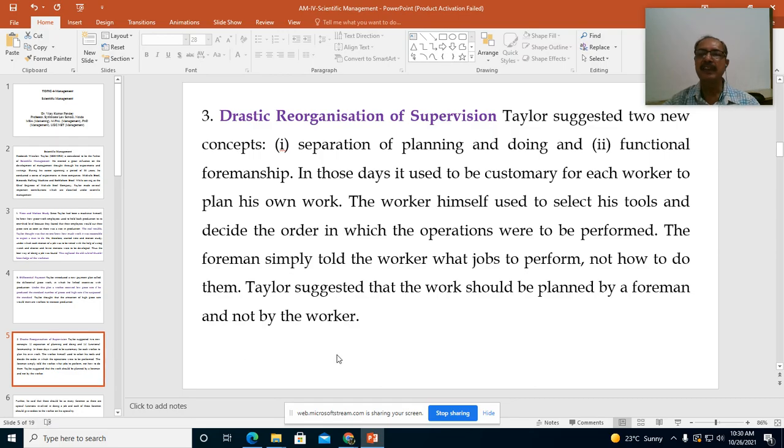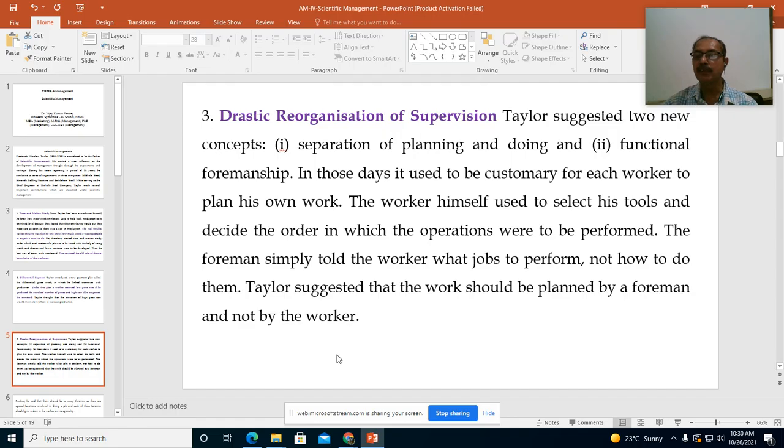He also drastically reorganized supervision. Taylor suggested two new concepts: separation of planning and doing, and functional foremanship. In those days, it was customary for each worker to plan his own work. The worker himself used to select his tools and decide the order in which the operations were to be performed. The foreman simply told the worker what jobs to perform, not how to do them.